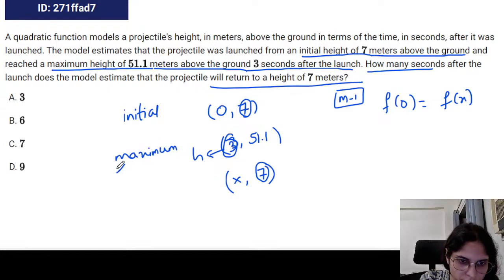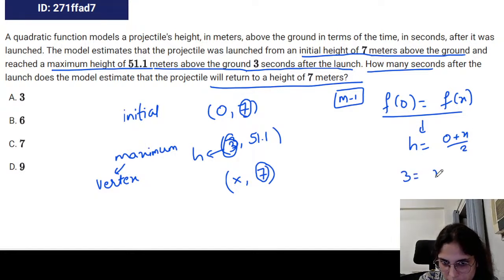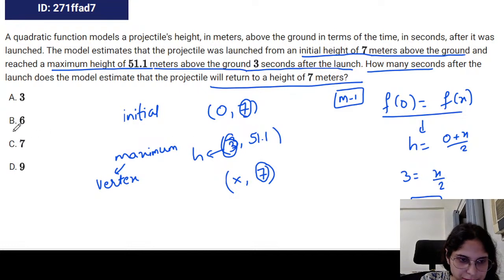That means they're talking about the vertex. h is going to be (0 plus x) over 2, h is 3. That is going to be x over 2, that means x is going to be 6. So my answer is going to be 6 seconds.